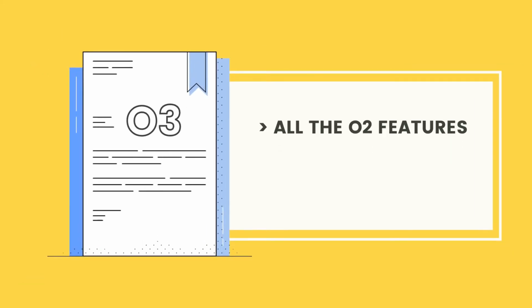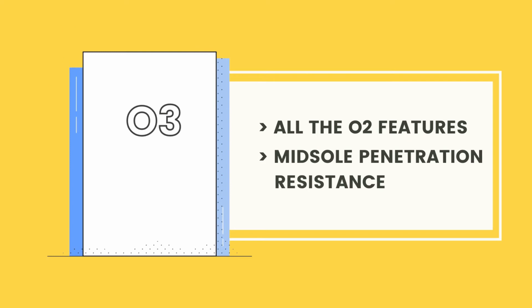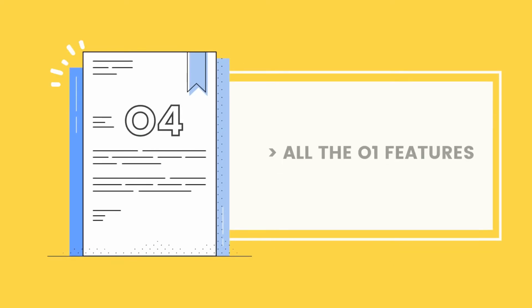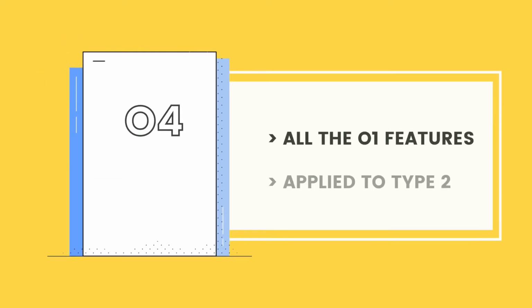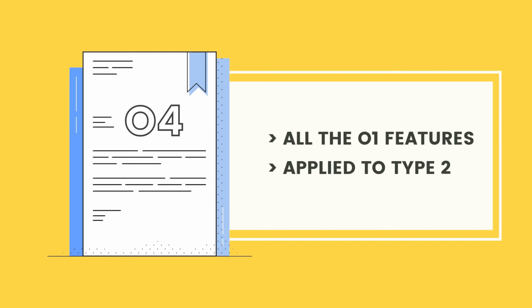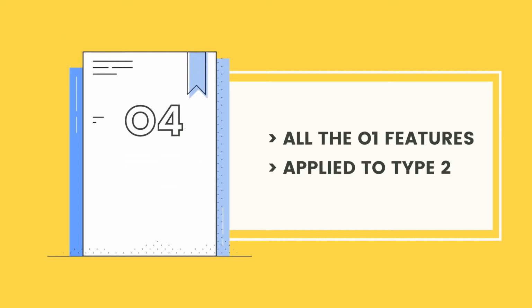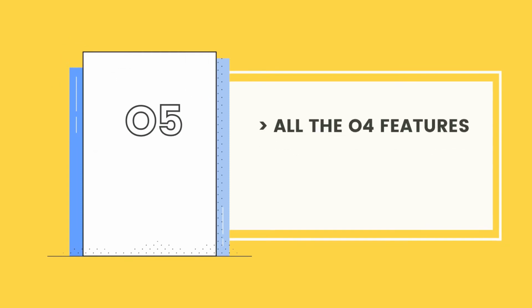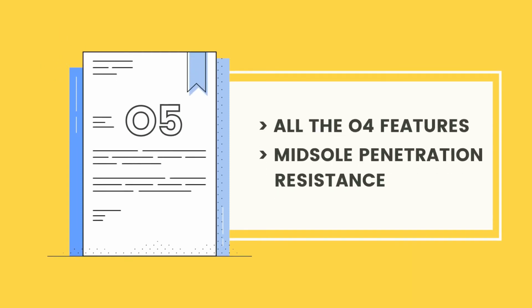O3. Has all the O2 features and also has a midsole penetration resistance. O4. Has all the O1 features but applied to the footwear made with rubber uppers or polymer uppers. O5. Has all the O4 features and a midsole penetration resistance.